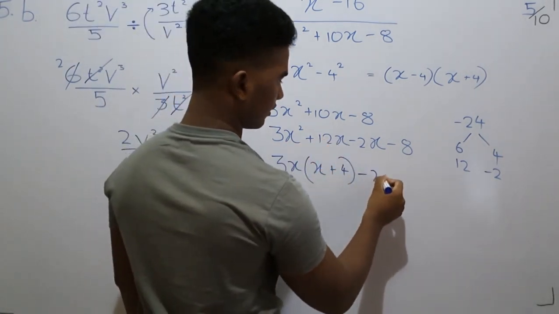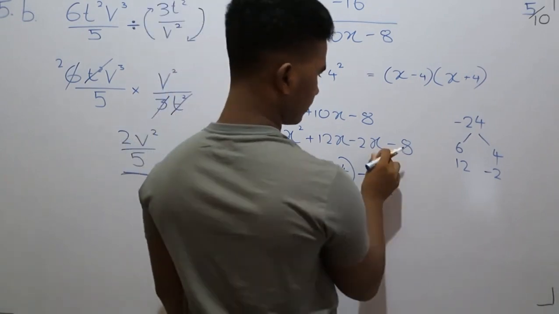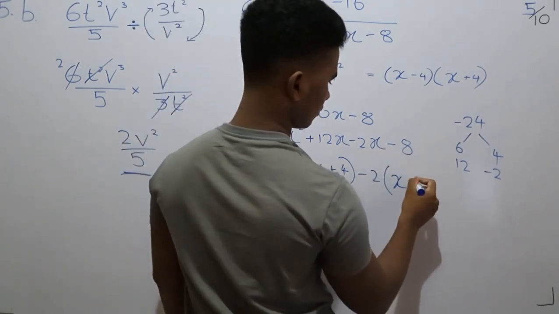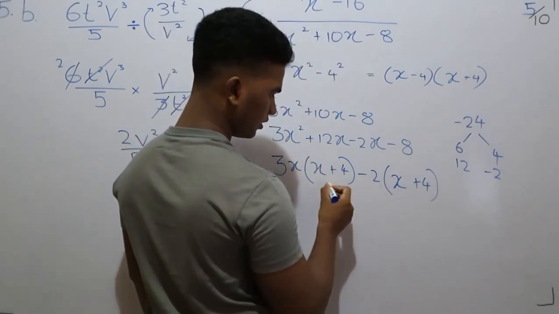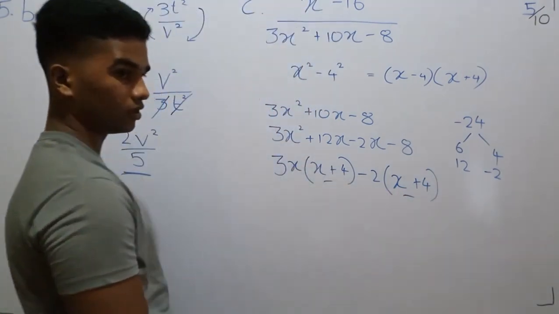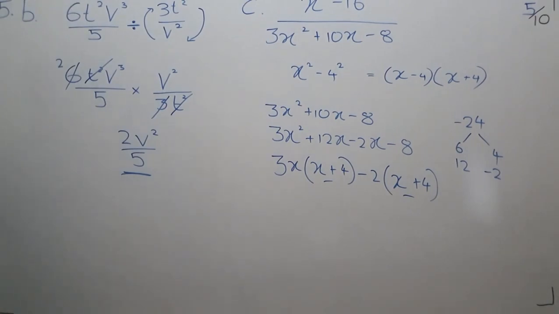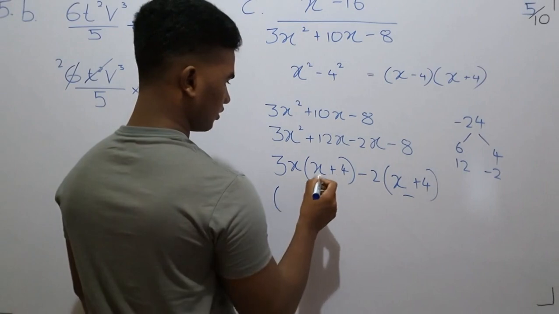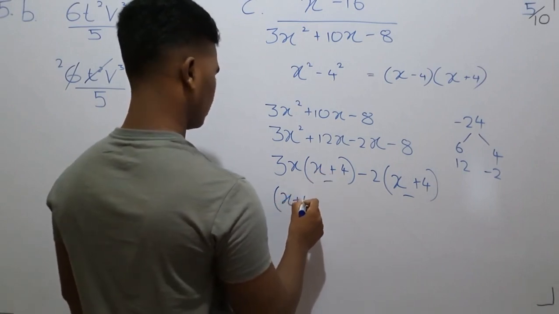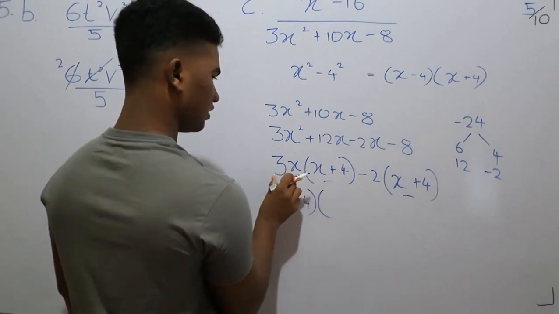Minus 2 is taken out, x plus 4. Always remember, this term and this term should be equal. If those are equal, your calculation is correct. So now write x plus 4, the equal term, into 3x minus 2.